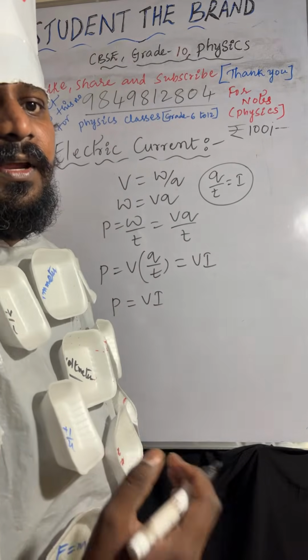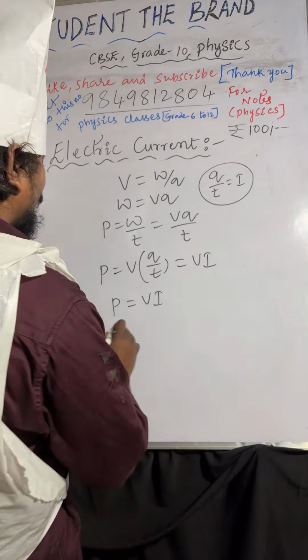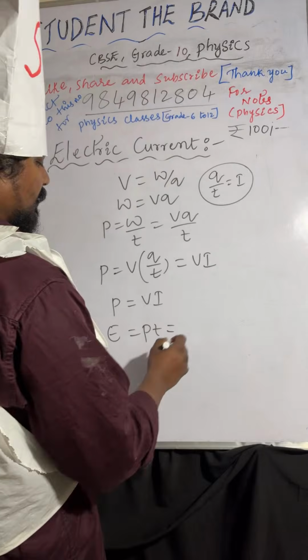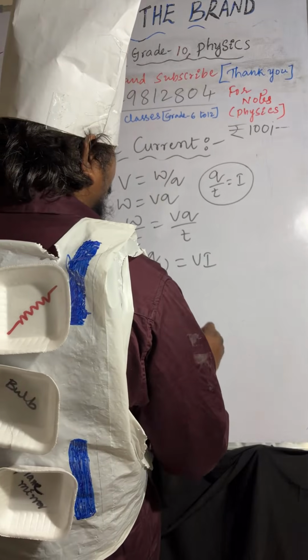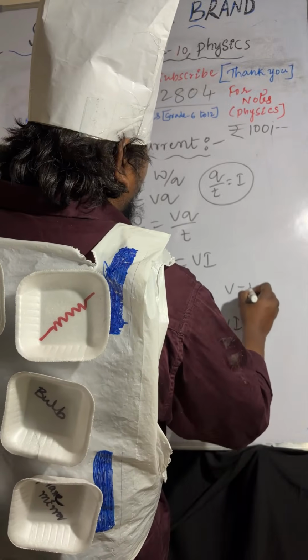Energy E equal to P into T. So that is nothing but H equal to VI into T. We know V equal to IR.